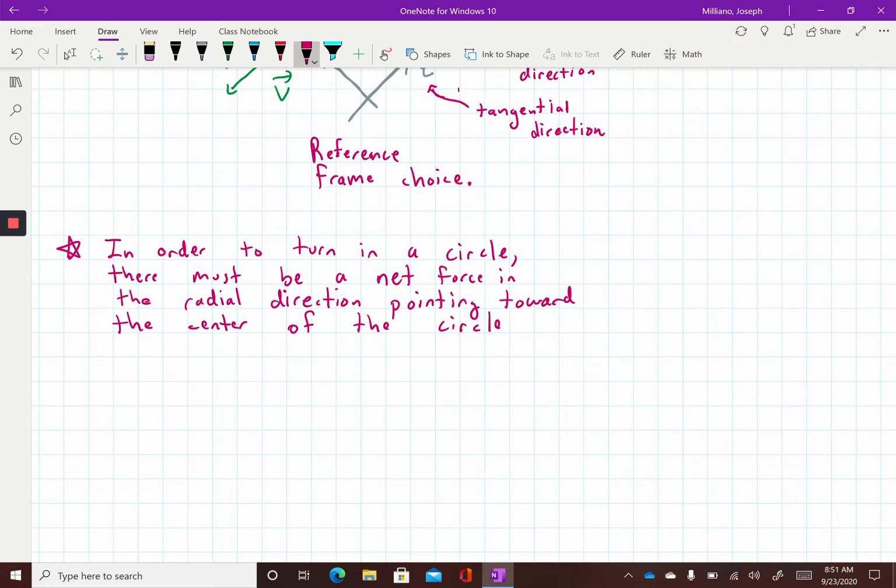So that's fact number one. Fact number two that we can extrapolate from that buggy example is that the velocity always points in the tangential direction.